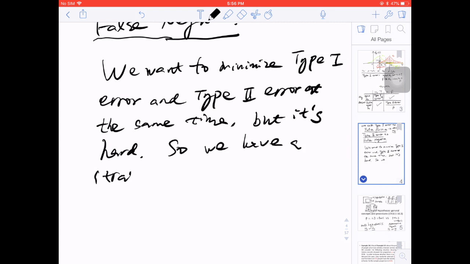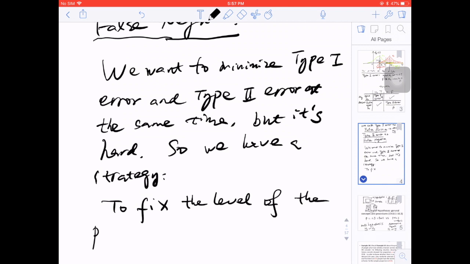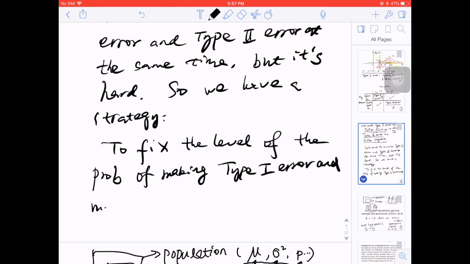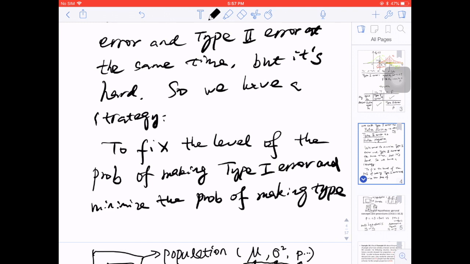Our strategy is to fix the level of the probability of making type 1 error and minimize the probability of making type 2 error.